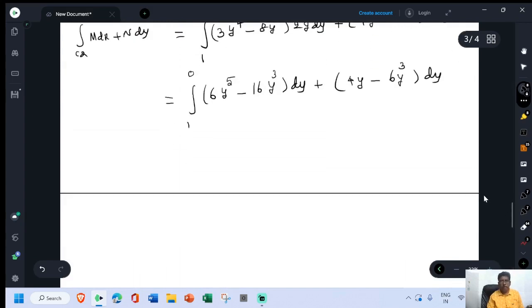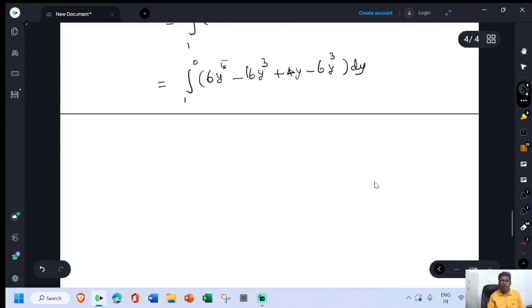This is equal to integral 1 to 0, 6 y power 5 minus 16 y cube plus 4y minus 6 y cube. Entire is multiplied by dy.